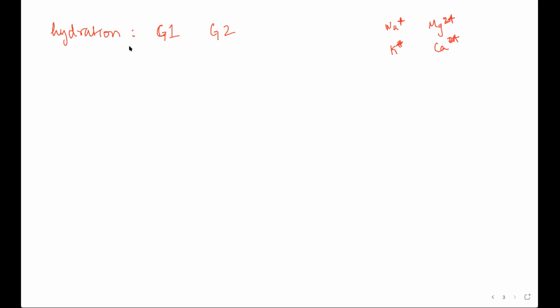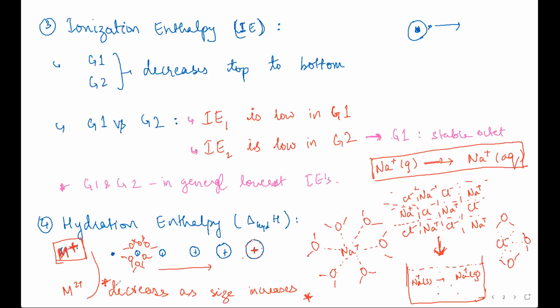So how do you compare the hydration of group 1 versus group 2? Group 2 ions have more hydration enthalpy because they have more ionic charge. Correct. Within each group, because charge is the same, hydration enthalpy only depends on the size.